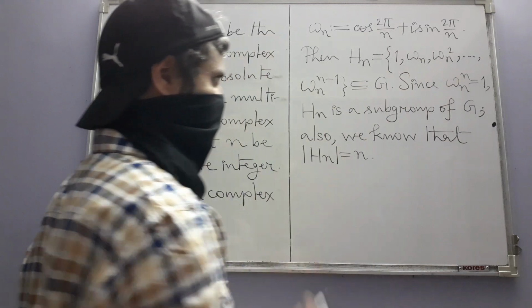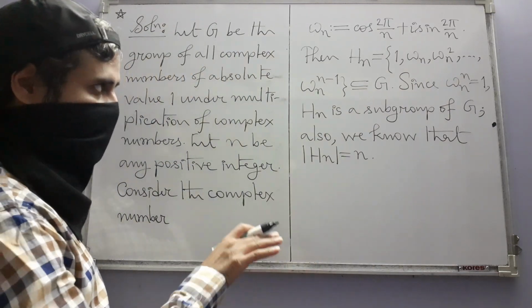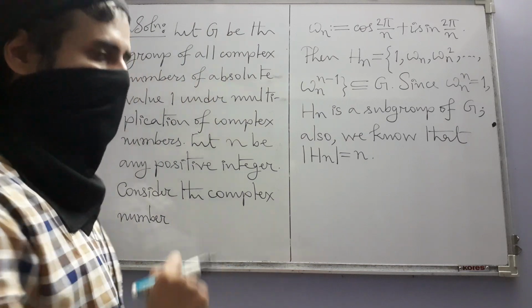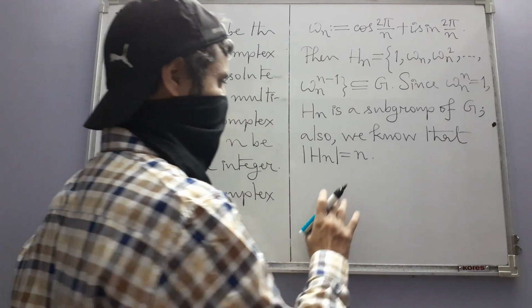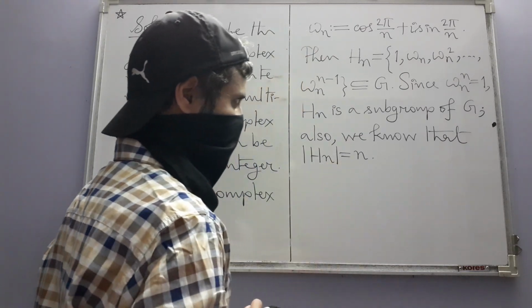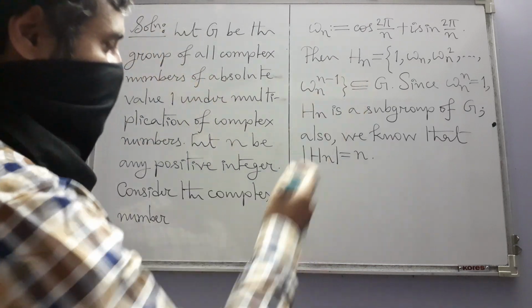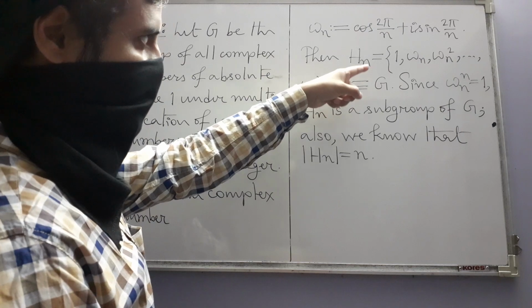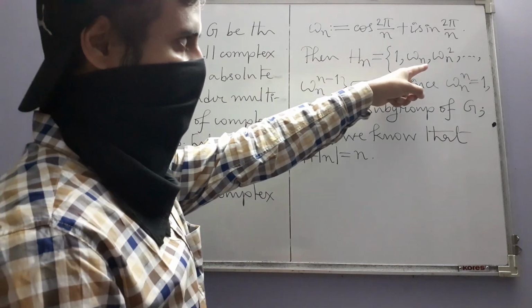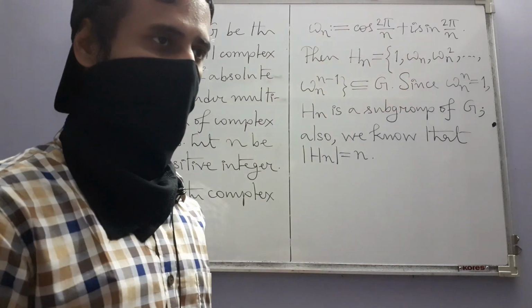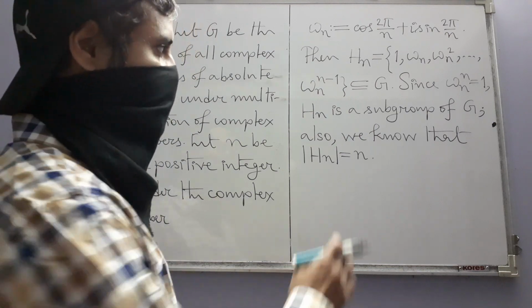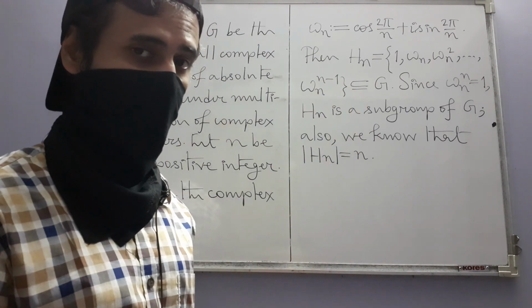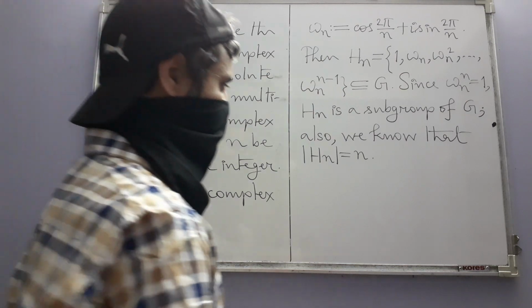If there are repetitions here, but we know that in fact these complex numbers are all distinct n complex numbers. So that's why the order of Hn is n. But from the way we have written the elements in Hn, you can clearly see that each element is an integral power of omega n. That means this group Hn is in fact a cyclic group of order n.